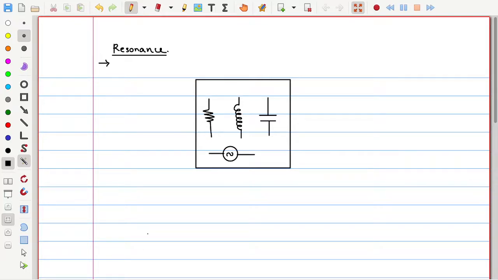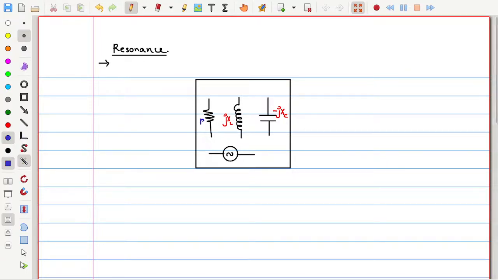If you observe, out of these circuit elements, some elements are reactive in nature, in the sense that their impedance is a function of reactance. Inductor impedance is jXL, capacitive impedance is minus jXC, where XL and XC are functions of frequency.